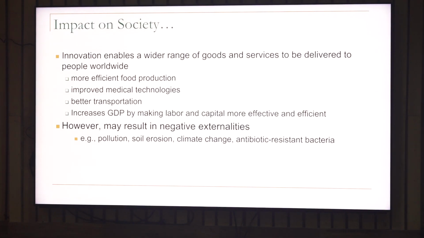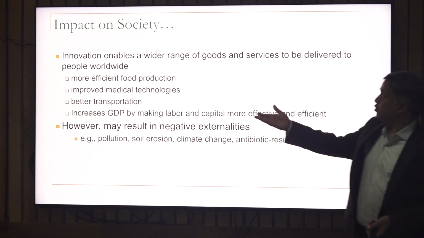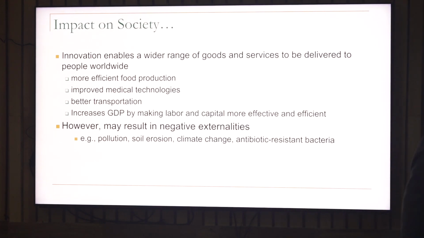Then, if you see at a higher level, all technological know-how and innovation finally percolate into more efficient ways of food production. Once upon a time in India, we were not sufficient in food in the 60s and 70s.